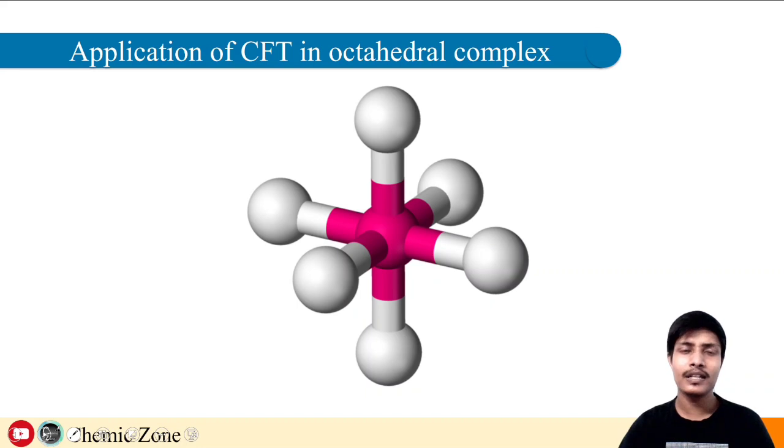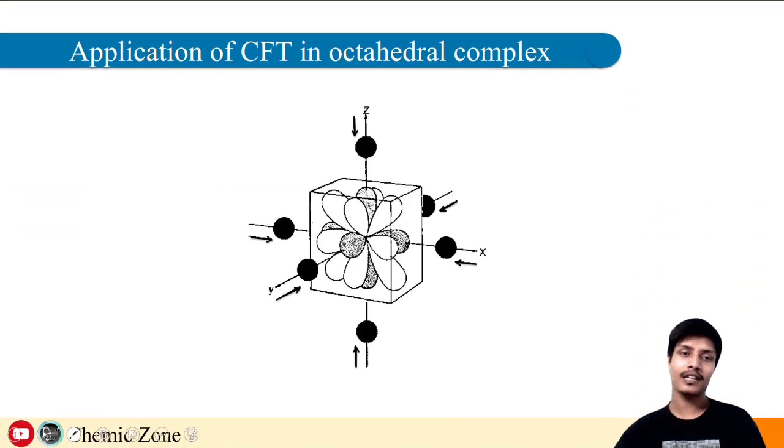So what are the applications of crystal field theory in an octahedral complex? We know the structure of an octahedral complex, right? If we consider a cube, in the center of the cube our metal ion is present, and the metal ion has all 5 d orbitals like this, and all 6 ligands are present at each face center of the cube.